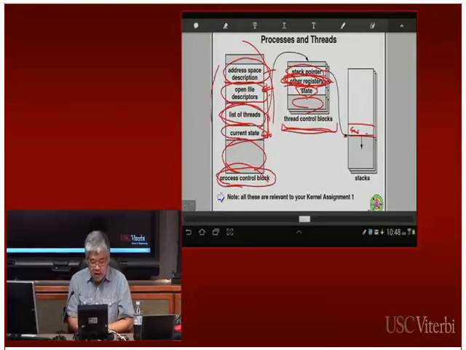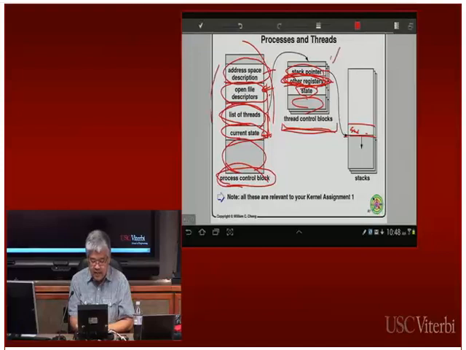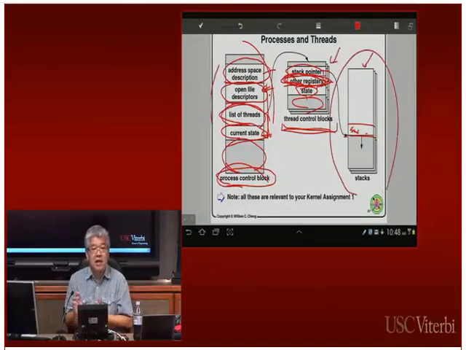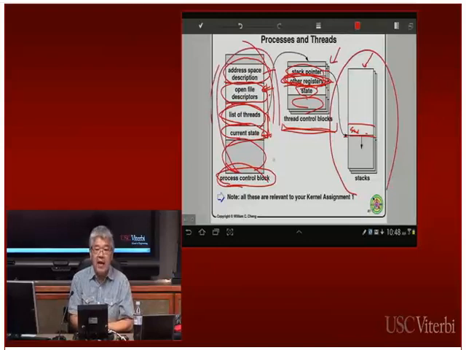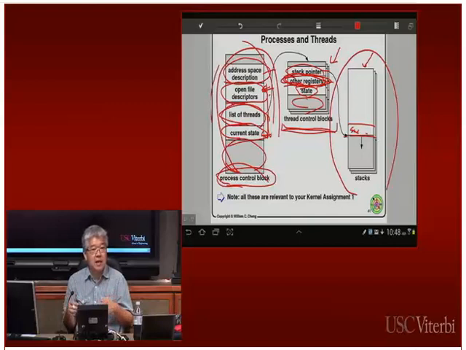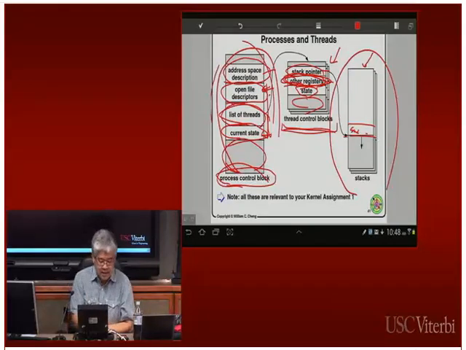And in the picture over here, if you have 3 threads, you have 3 stacks. Every one of them points to a separate stack, and all these stacks are in the same address space maintained in the process control block. All these threads share the same data segment, BSS, heap, and the text segment.